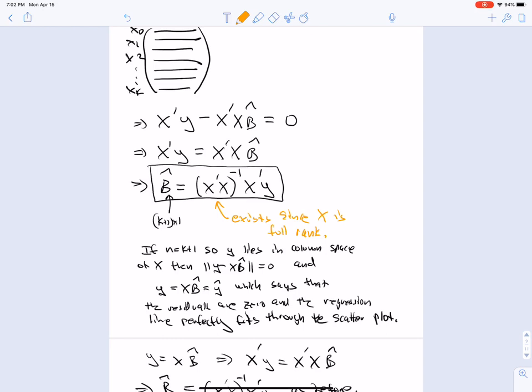And so what that says is that y is equal to y hat. In other words, our data is lying on a straight line exactly. So the data is actually lying on the regression line, and there are no residuals.